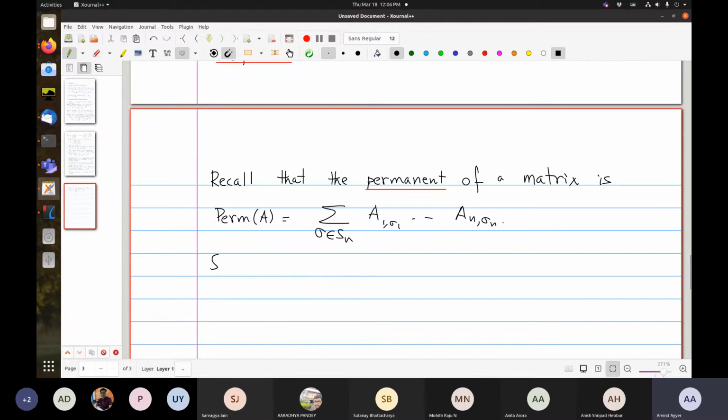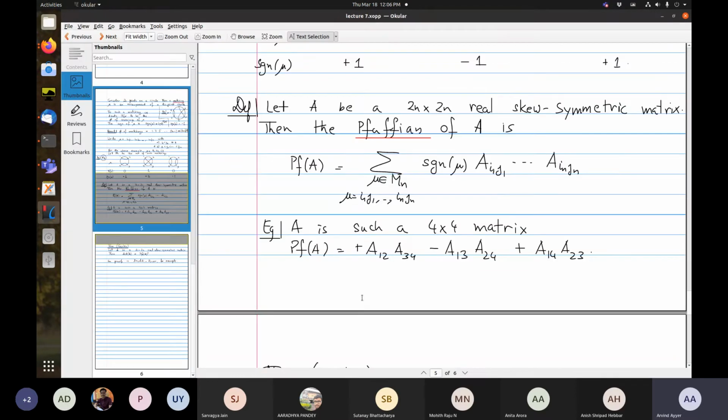Similarly, the Hafnian, HF of A, is exactly like this but without the sign.